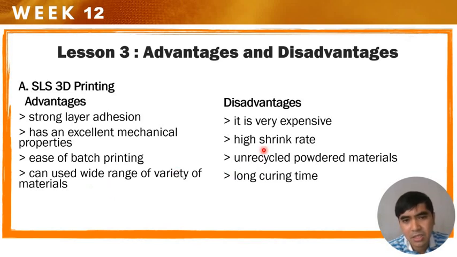The disadvantage is that it is very expensive because the 3D printer in SLS is very large. High shrink rate, because the strong laser beam produces high temperature. Unrecyclable powdered materials, because some powdered materials are burned here, and long curing time, because the part must undergo a long cooling time since it is very hot.